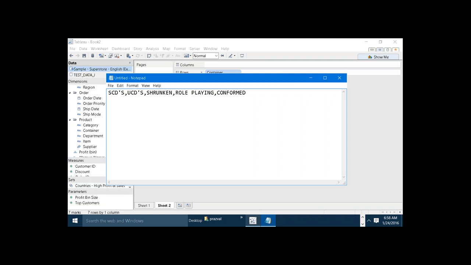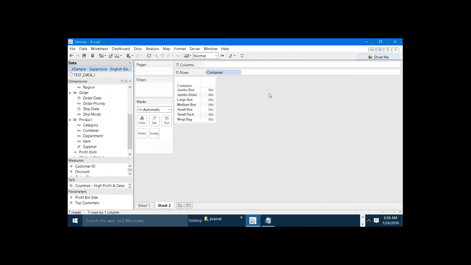No, the thing is, if you take the container, what's the purpose of the container? The container is to carry something. So let's say you have ordered some product and you want to carry that product. Every time we won't go with the large box or the medium box. Depending on the dimensions of that particular item, we will choose the container.